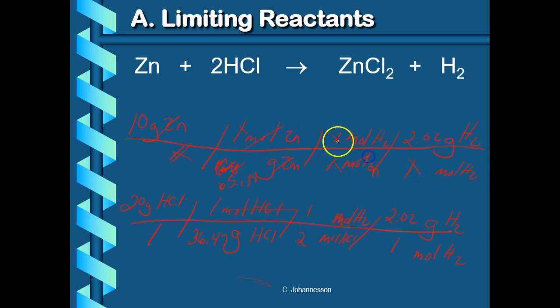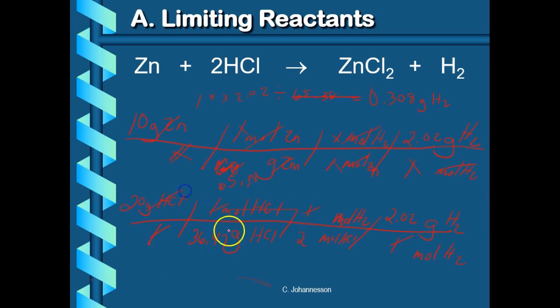Cross out the moles of zinc, moles of hydrogen. Multiply what's on top. Divide by what's on bottom. And you get 10 times 2.02 divided by 65.38, which when you put it in your calculator, sorry about the lines, I don't know why it does that, it's going to be 0.308 grams of H2.